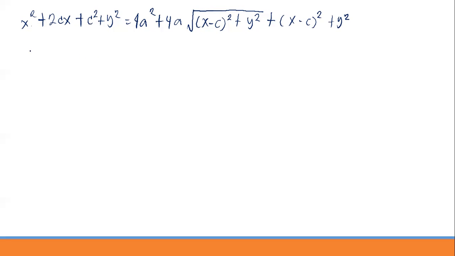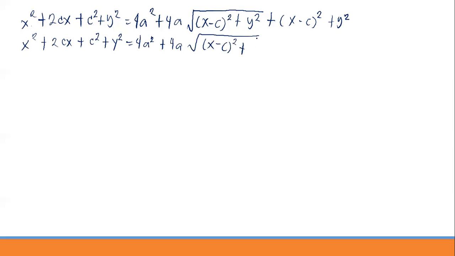Since may remaining squares pa tayo, x squared plus 2cx plus c squared plus y squared equals 4a squared plus 4a, okay? So x minus c squared plus y squared plus, so expand lang natin ito. Alright, so x squared minus 2xc plus c squared plus y squared.